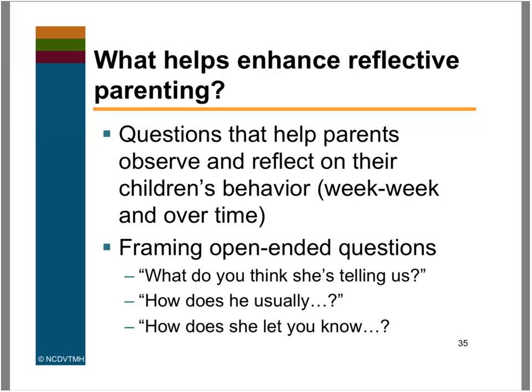And then I like to ask, can you remember a time when you seemed really in sync with each other? And what helped make that happen? So that you're actually looking at moments when things are going really well and the parent and child are in the zone together. And what is it about that makes that kind of magic happen?